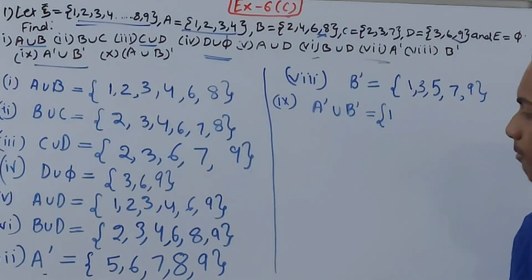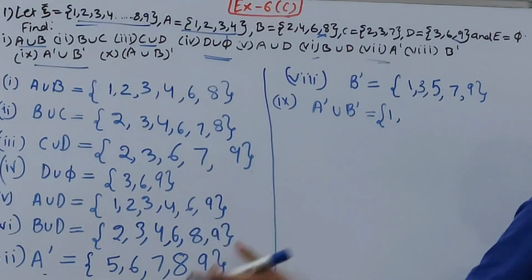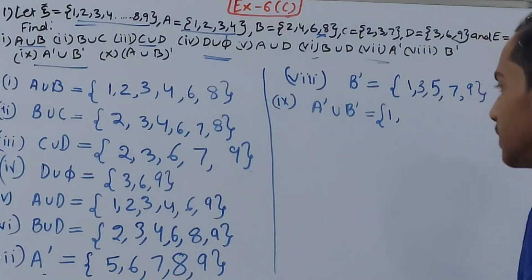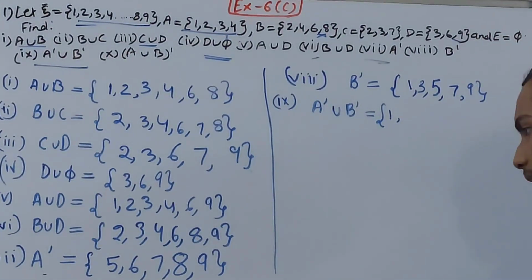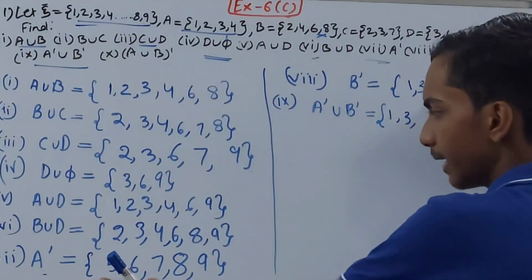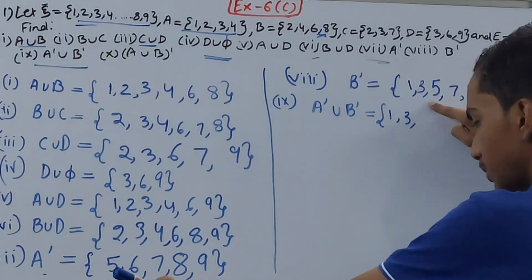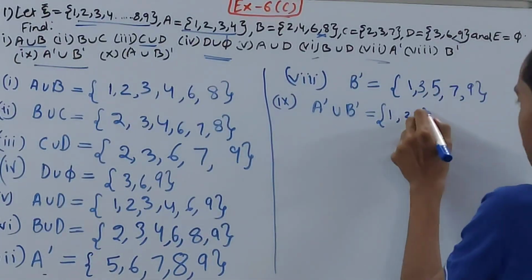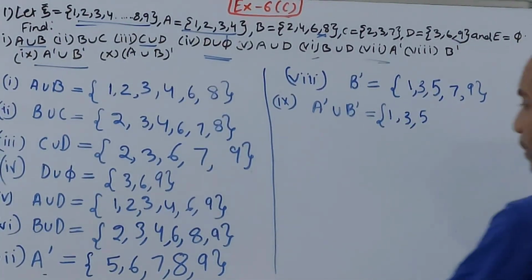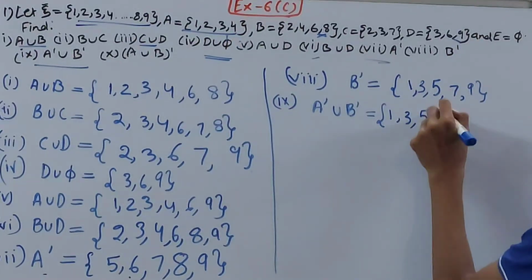First we have 1. Now 2 is present in none of the sets, so we will skip it. 3 is in set B, so you will write that down. 4 is also not there. 5 is in both the sets, so don't write it down 2 times, just write it down once. So 1, 3, 5. Then 6 is also present in A complement, so it will come here.